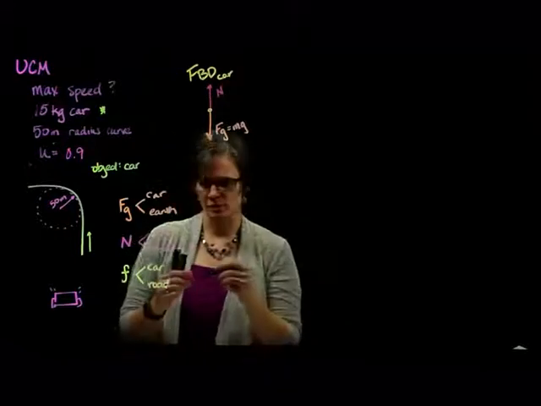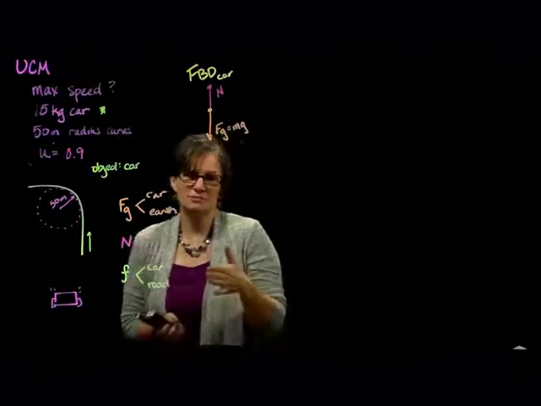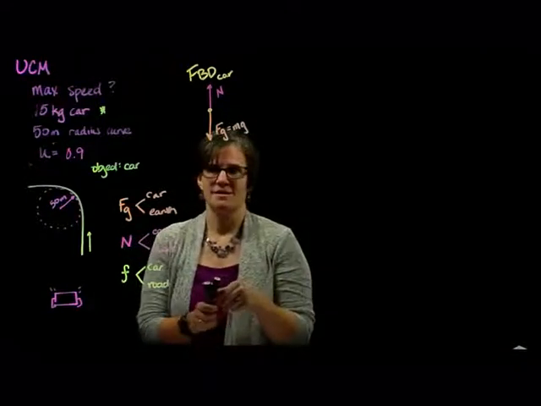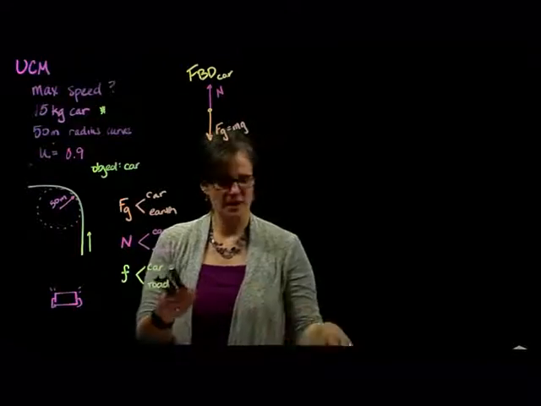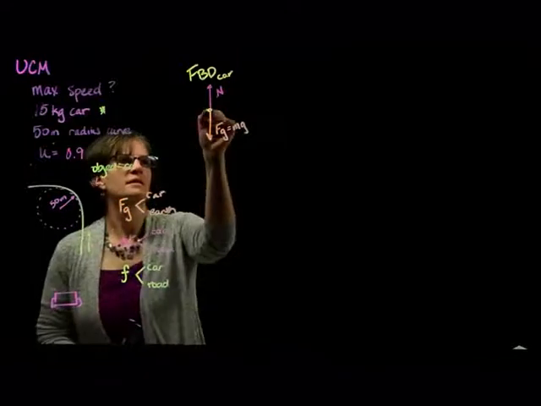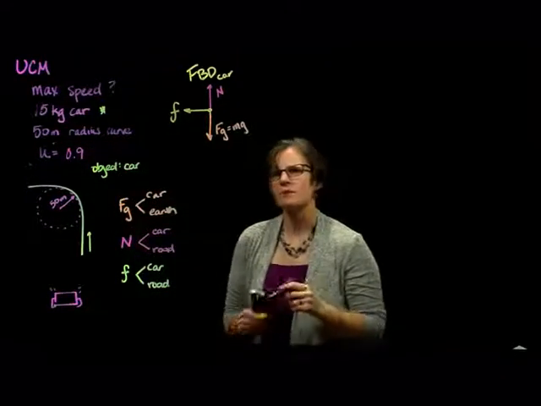So there's our normal force. And now what about that frictional force? Well, the tires are being prevented from slipping outward on that curve. And so our frictional force must be in the inward direction. So here's our free body diagram.